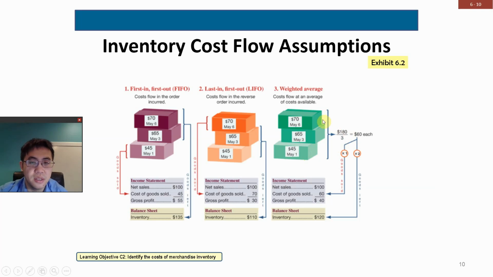So that basically means for each unit, you pay $60. Then you just sell 1 unit or 1 block. So that block comes from the first block, second block, and the third block, 1/3 from each. So you just deduct the weighted average of $60 for the cost of goods, and then your gross profit will be $40. And your remaining inventory is always the initial value of 180 minus whatever the cost of goods sold is right here.